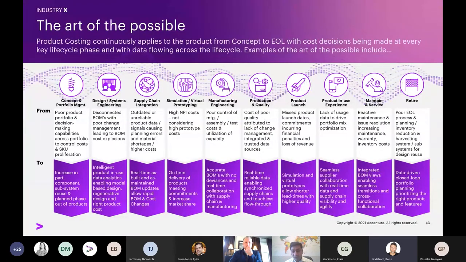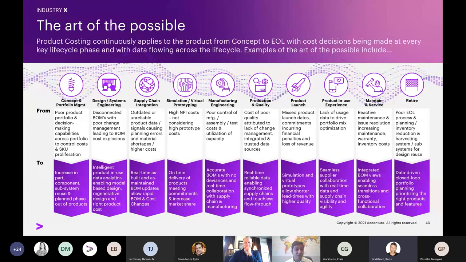So product costing is not a one-time effort, and our audience today is interested in understanding what the best practices are.